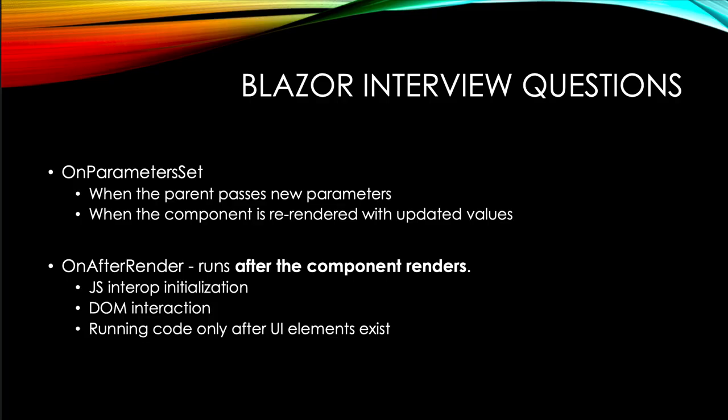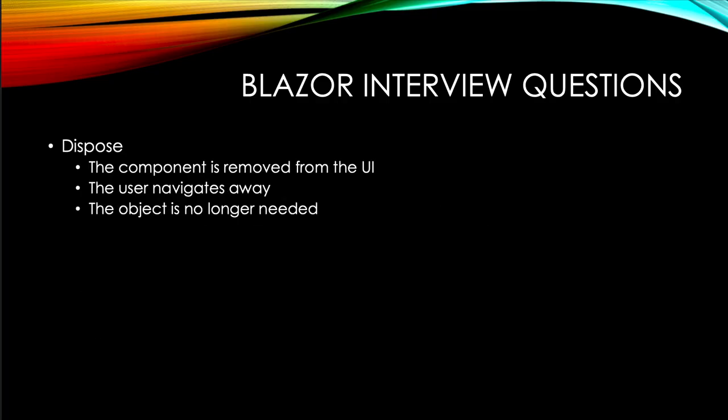OnAfterRender runs after the component renders, so we can do the JavaScript interop initialization, DOM interaction, as well as running code after UI elements exist. The last one is Dispose, where the components are removed from the UI and we dispose the objects which are no longer needed.